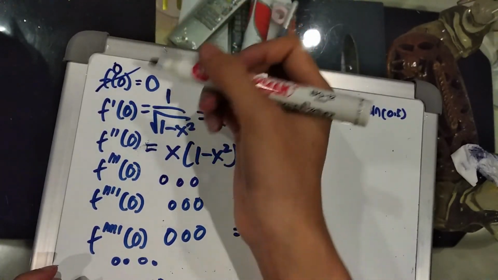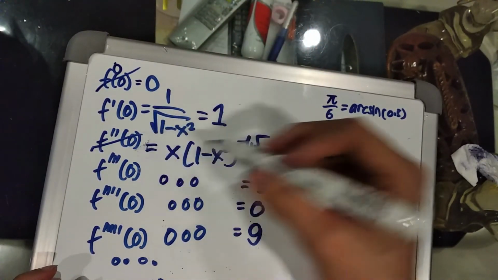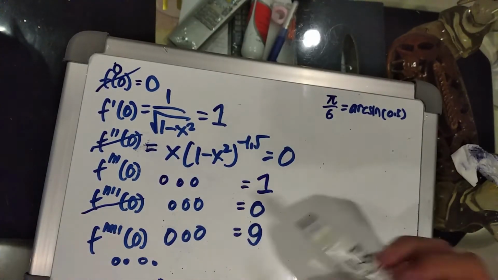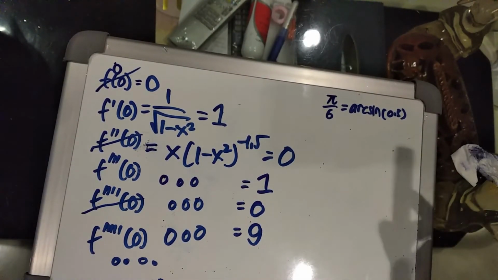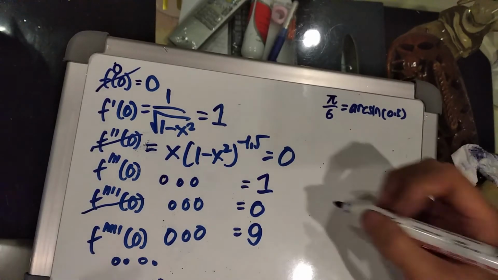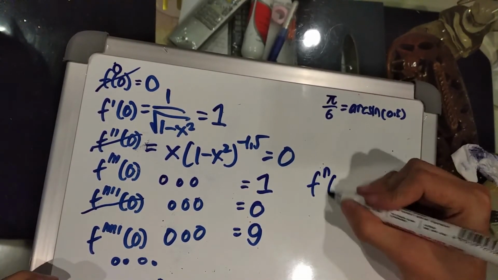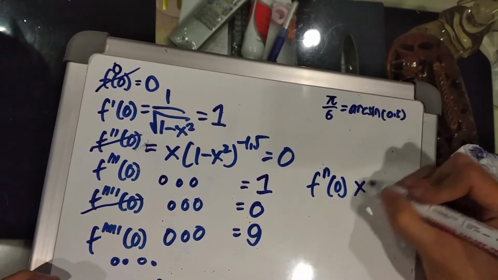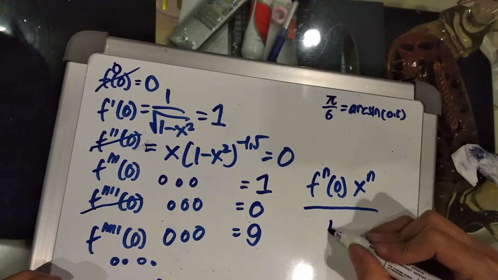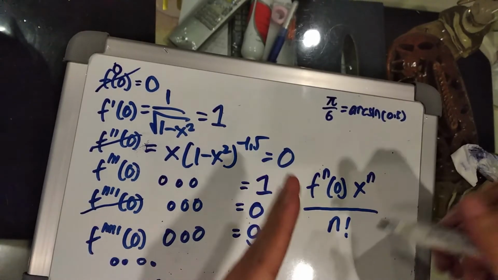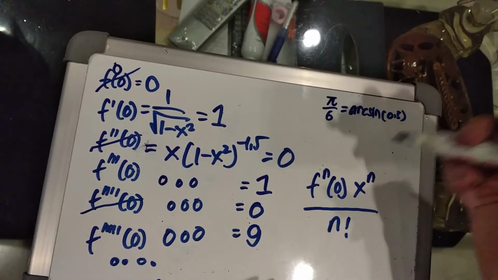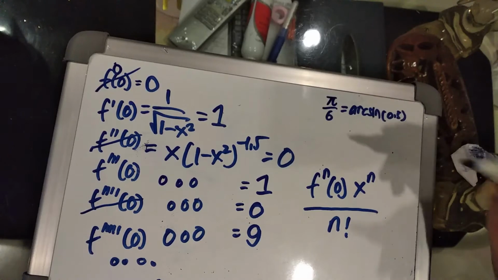So f0 cancels, f2 cancels, and f4 cancels. The structure of a Taylor series is basically f of n of 0 multiplied by x to the n over n factorial. And this is repeated as n increases for each term.